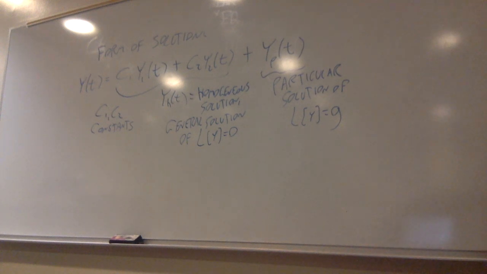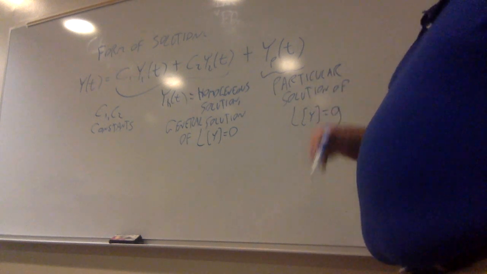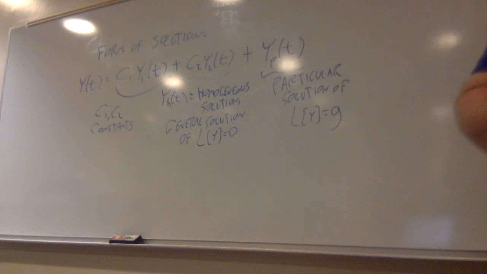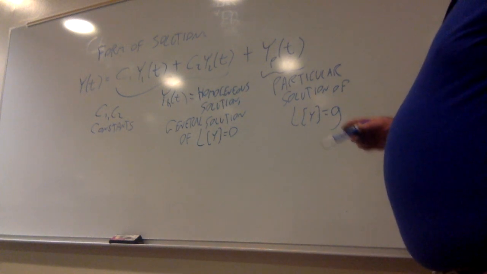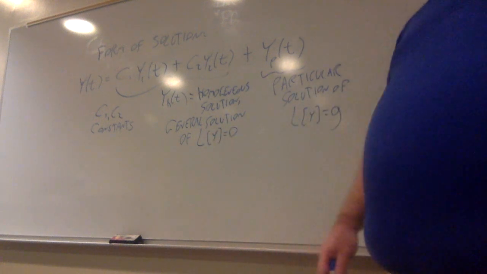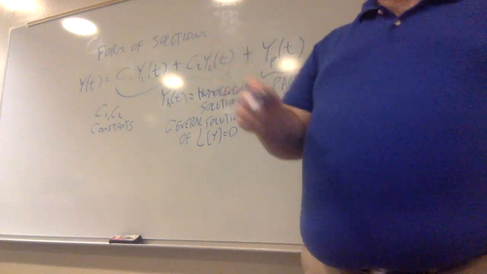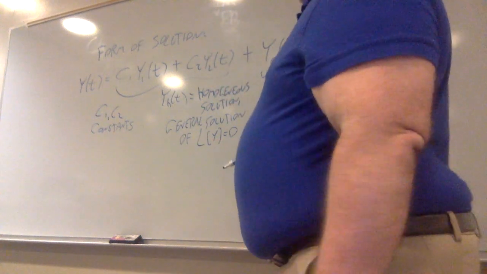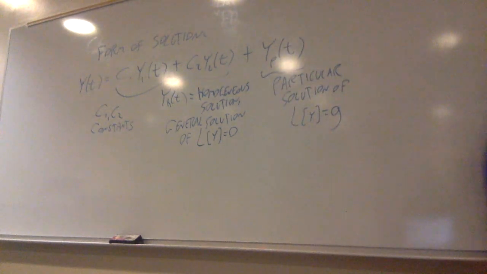Okay, so when we're solving this problem, some given second order linear equation, first we focus on the case where g is 0, if it's not already given to us as 0, and we find these, which is the topic of the next few classes. Then we find a solution of Ly is equal to g.